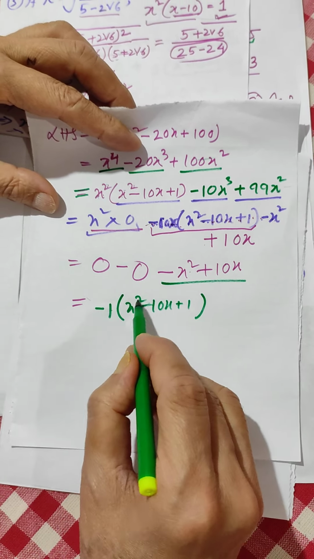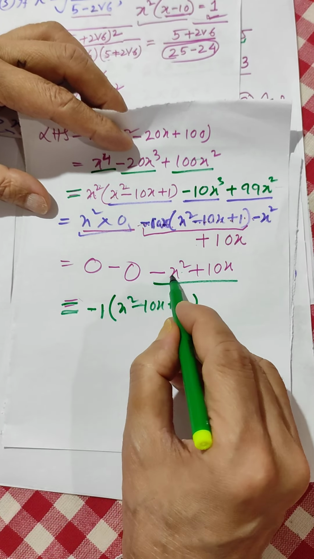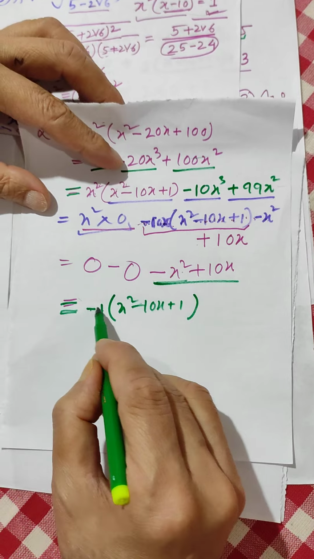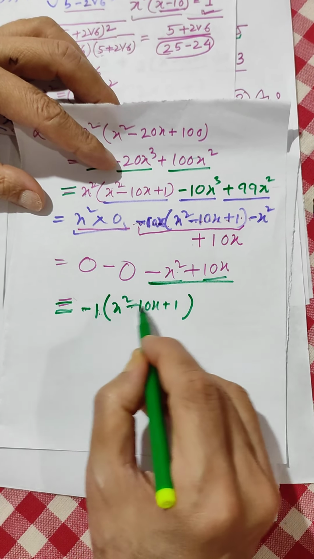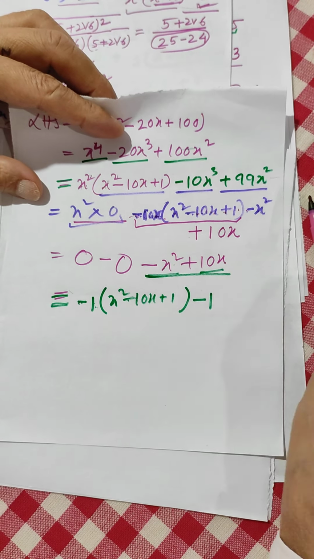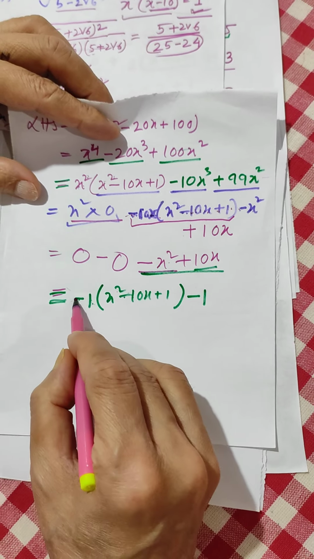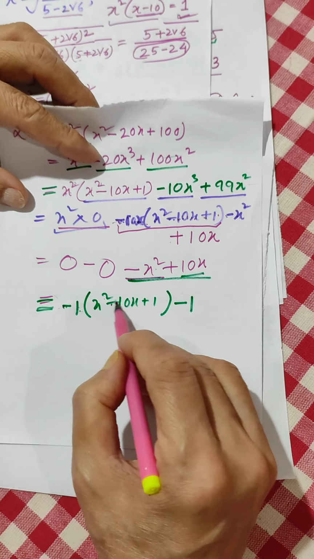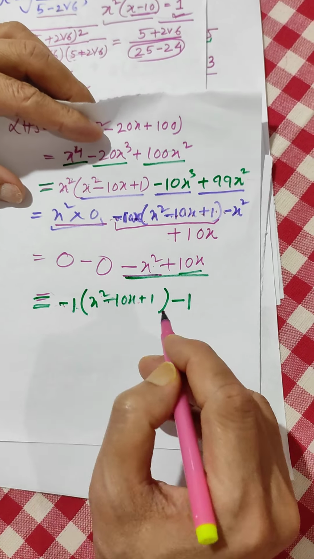So minus 1 into x square is minus x square. Then minus 1 into minus 10x is plus 10x. Then minus 1 into plus 1 is minus 1. Is it clear?